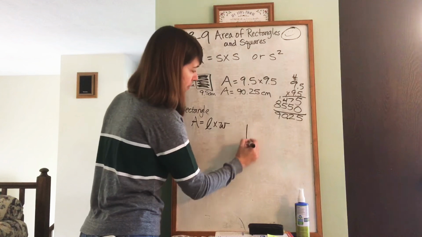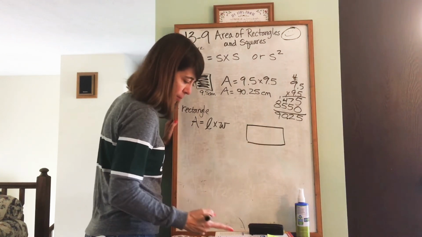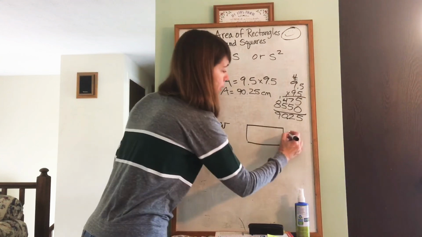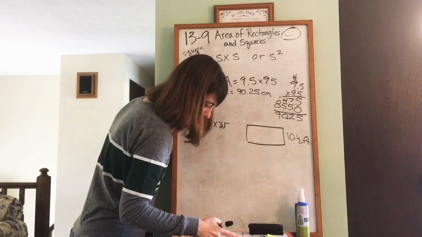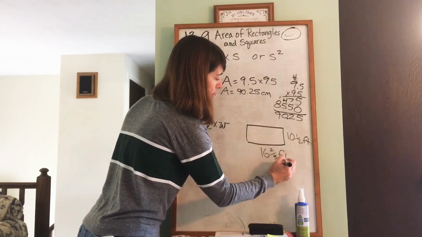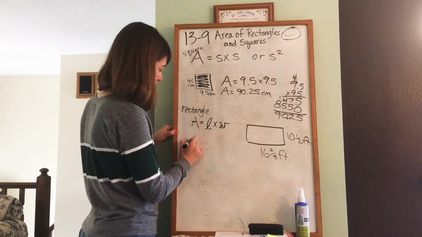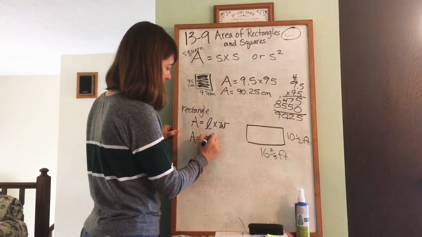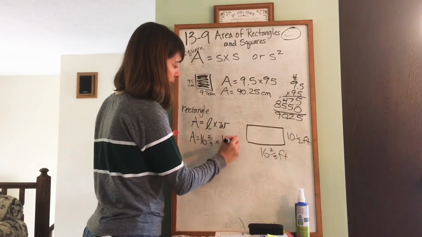And so they give us the example in the book towards the right, about halfway down the page, 10.5 feet and 16 2/3 feet. Okay, so we've got our length of 16 2/3. A equals 16 2/3 times 10.5, which is our width.